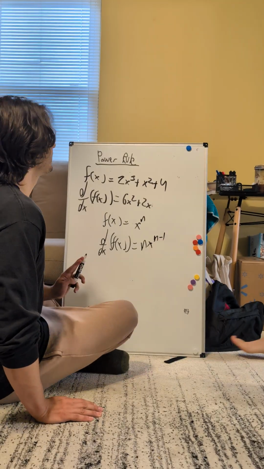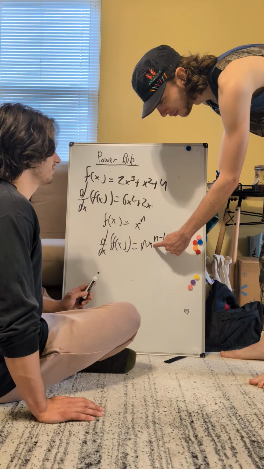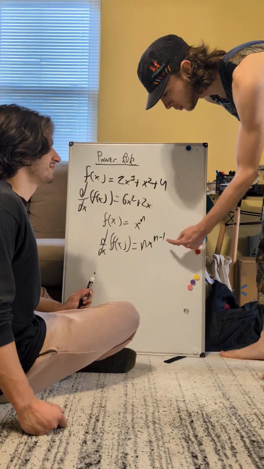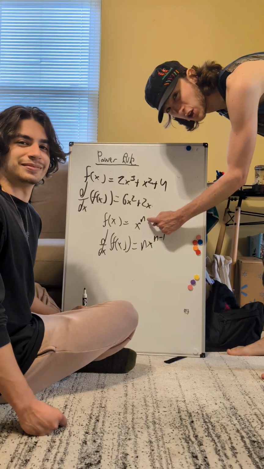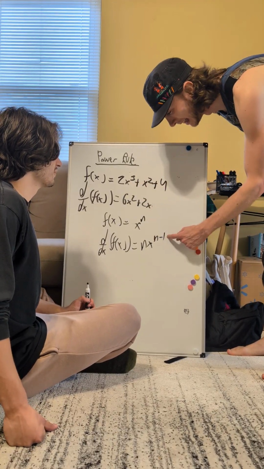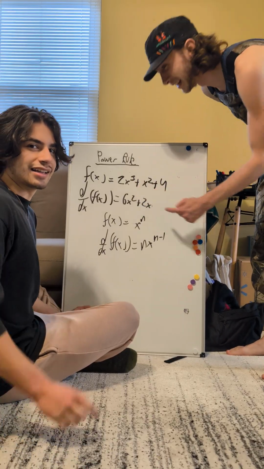So basically, you take this number and you move it in front of your variable. And then you take your exponent, which previously was n, 3 up here, and you make it 1 less. So it became 2. Fantastic.